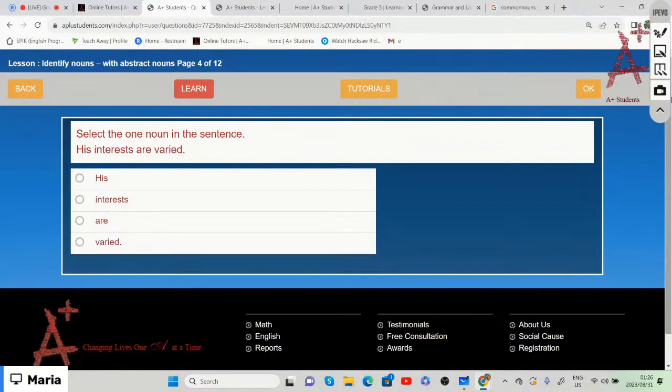Is it are? Or is it varied? We need to select one of those nouns, an abstract noun.